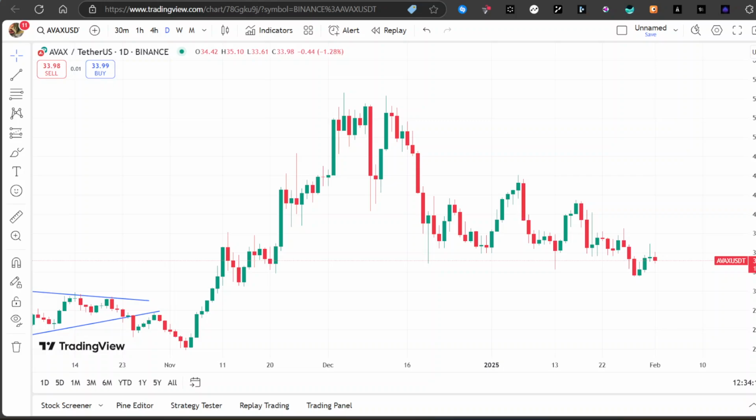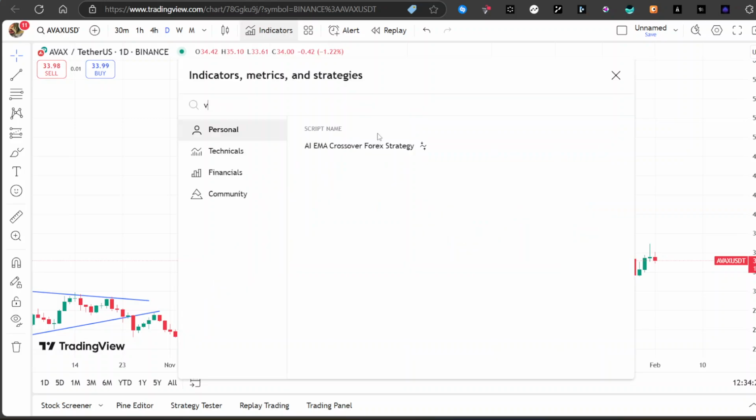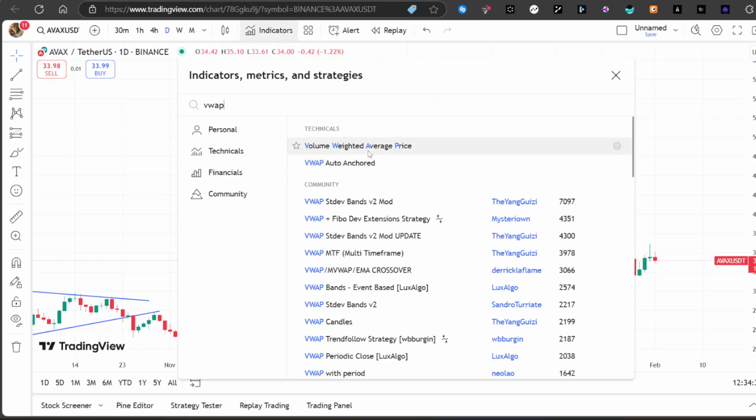All right. Now, anchored VWAP offers a dynamic view of price and volume, providing a more contextual indicator than the traditional VWAP.